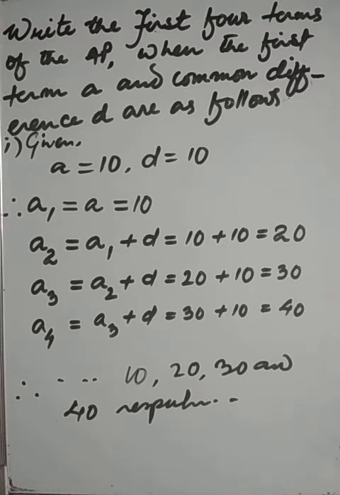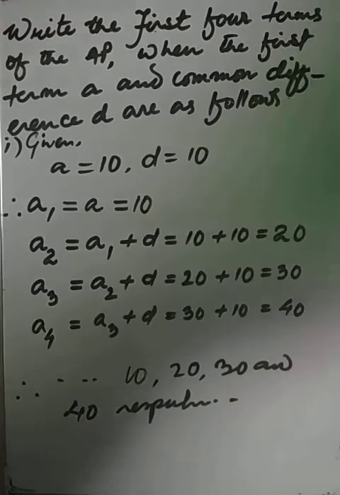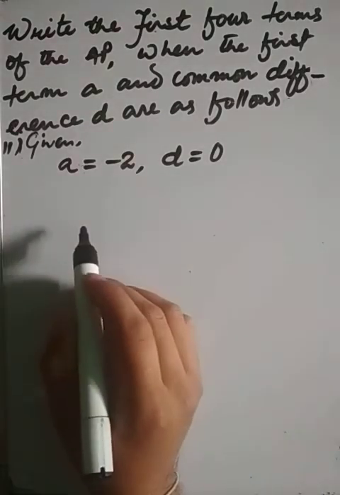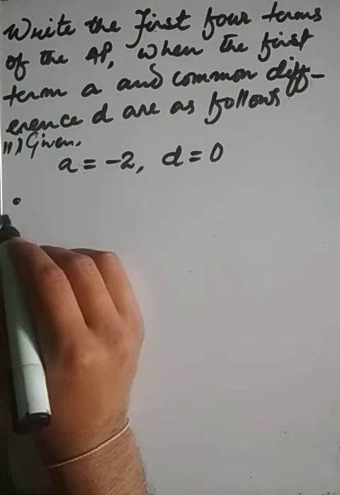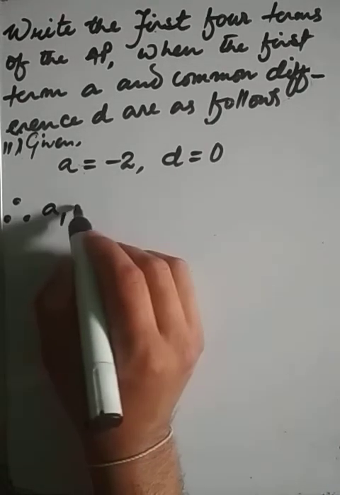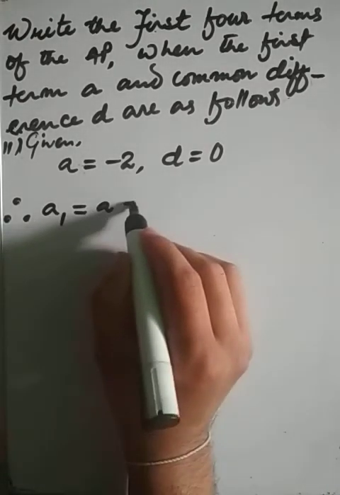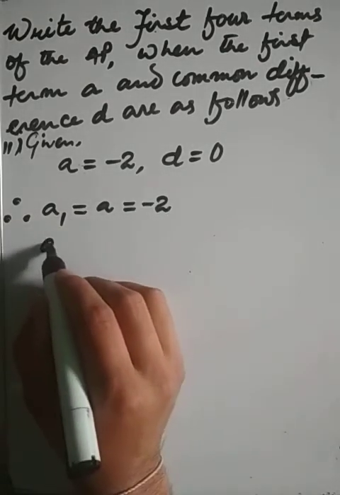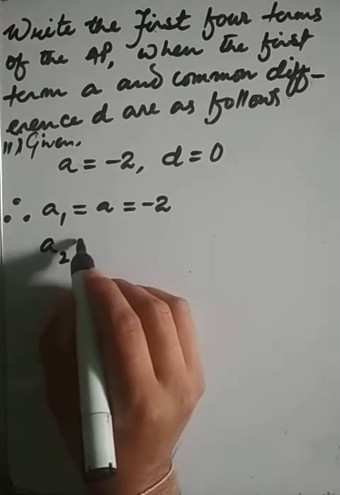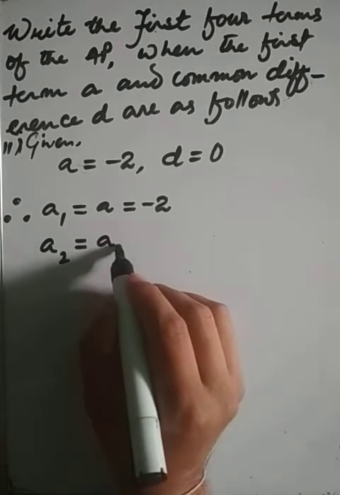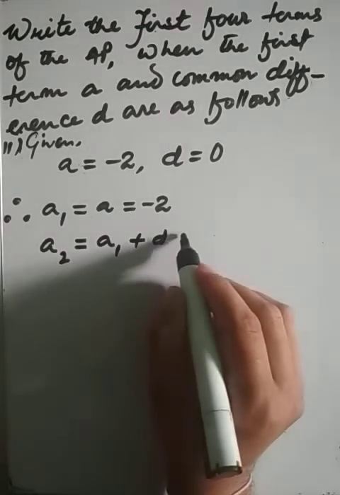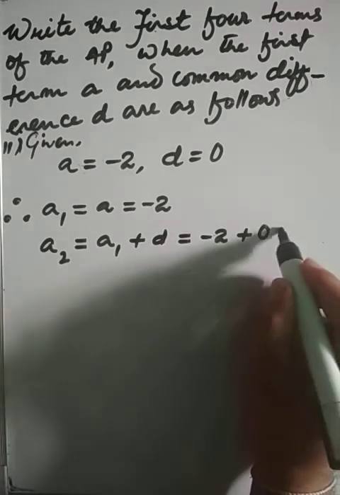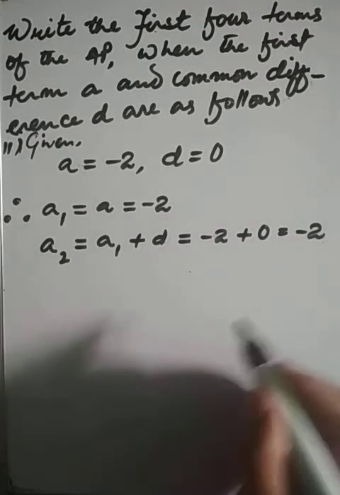Okay, next we'll be moving to the next question. So I'll give the question now. Okay, the question is here. So we are going to find first term, therefore a1 equal to a. a means minus 2. Next we'll be finding a2, that means second term, a2 equal to a1 plus d. a1 is minus 2, d is 0, so we get here minus 2.